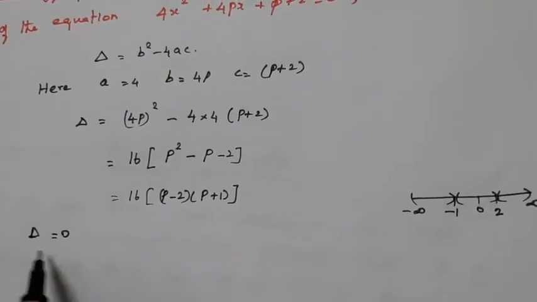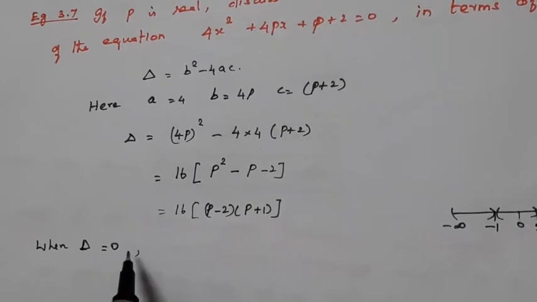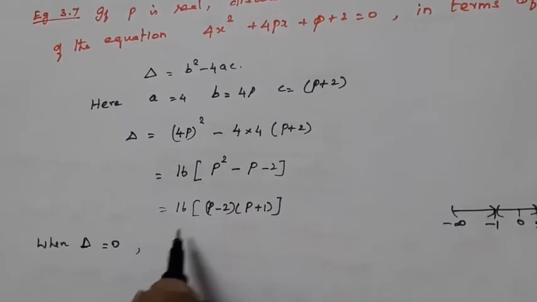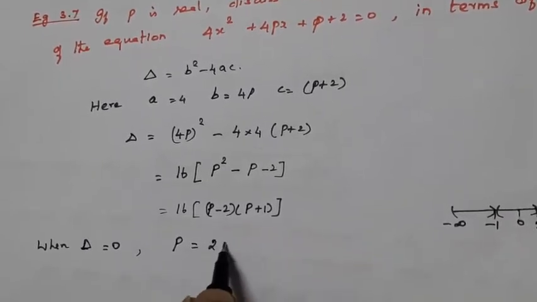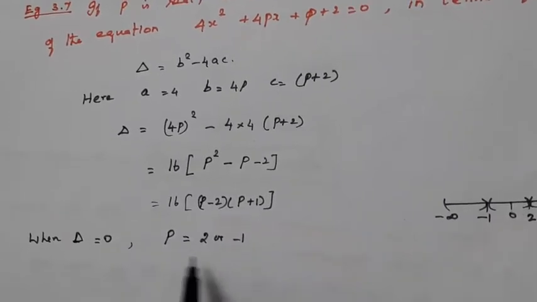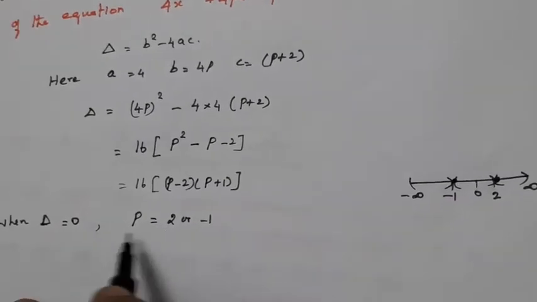First, let us discuss the equality case. So, delta is equal to 0. When delta is equal to 0, you know that the roots will be real and equal. For what value of p will it be real and equal? When delta is equal to 0, p will be equal to 2 or minus 1. Okay, exactly at these points 2 and minus 1, delta will be 0.